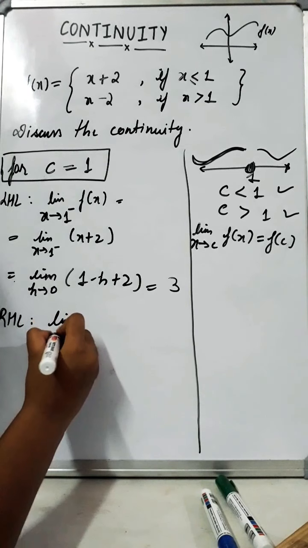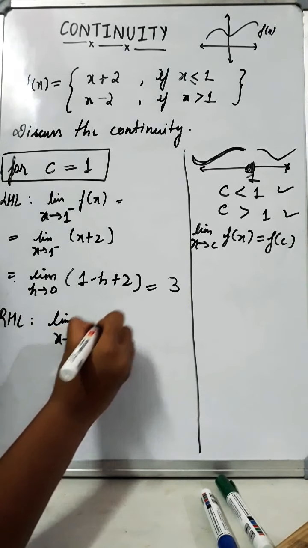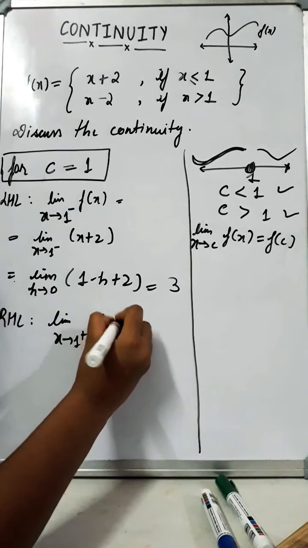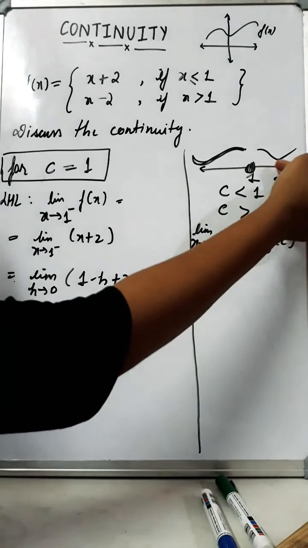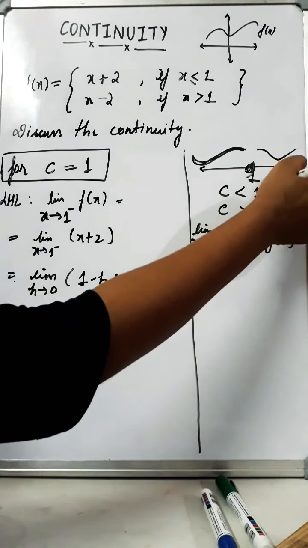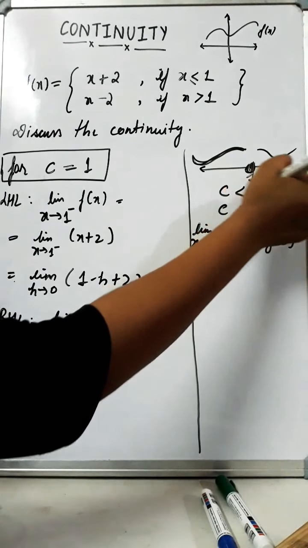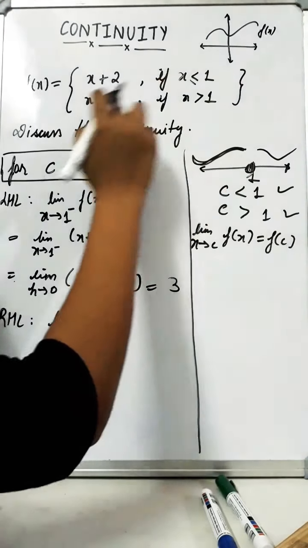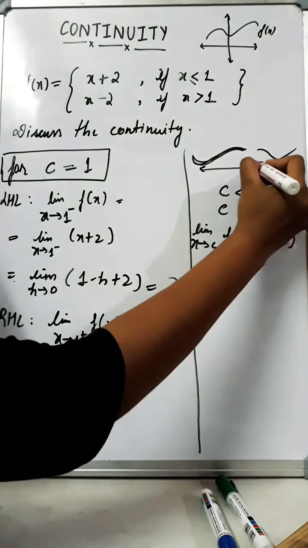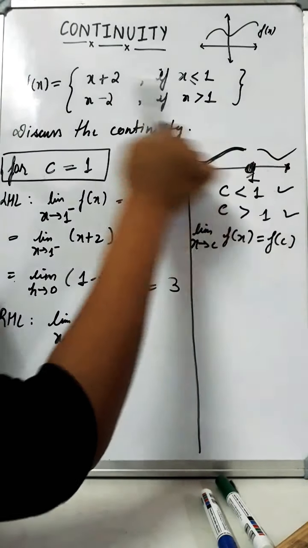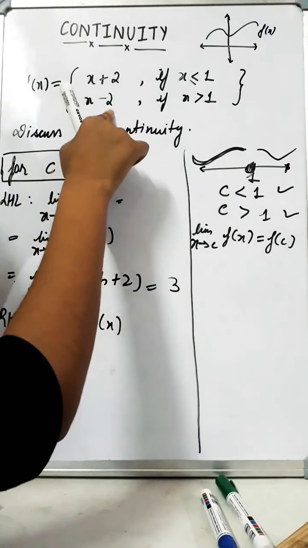limit x tends to 1 plus f(x)। All right, so here what is happening, we are tending towards 1 from the right hand side, so for this part your value is x minus 2 for all x greater than 1, right?